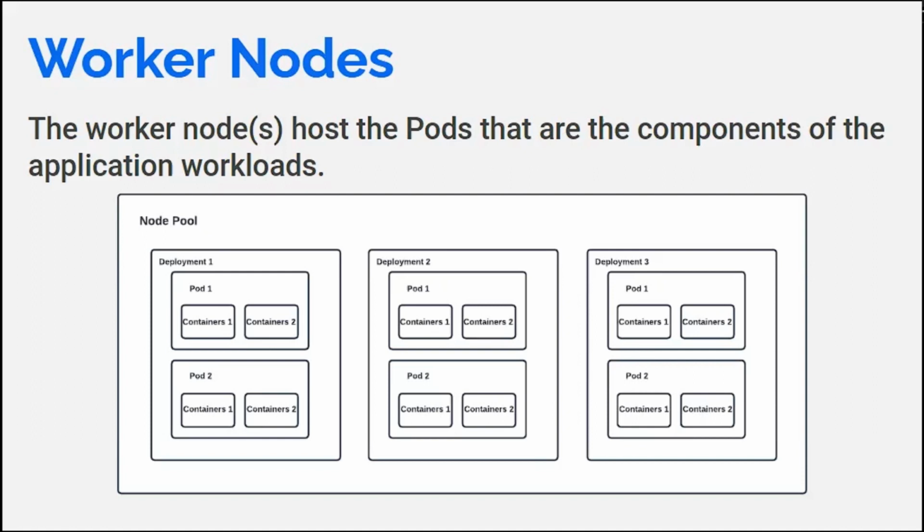So your inventory management, let's say it's a Java Spring Boot application, that one instance can be considered as a pod. If you are having 5 pods, that means your Spring Boot application is running 5 instances.